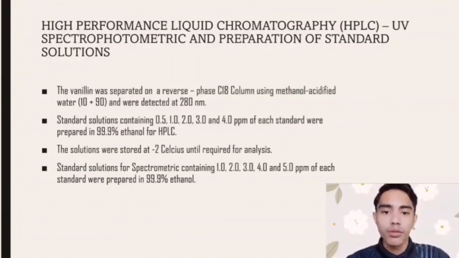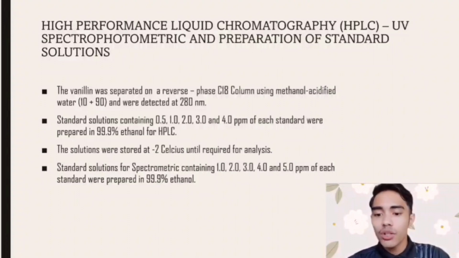High Performance Liquid Chromatography (HPLC), UV spectrophotometric and preparation of standard solutions. Firstly, the vanillin was separated on a reverse phase C18 column using methanol and acidified water 10 plus 90 and was detected at 280 nanometers. Standard solutions containing 0.5, 1.0, 2.0, 3.0 and 4.0 ppm of each standard were prepared in 99.9% ethanol for HPLC.